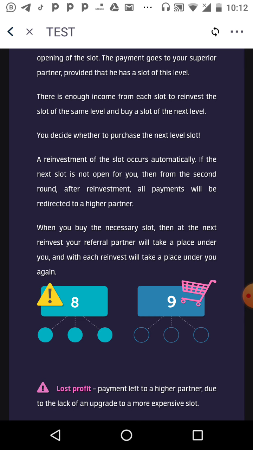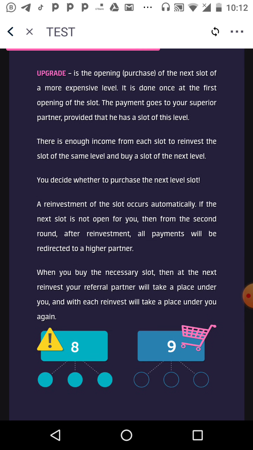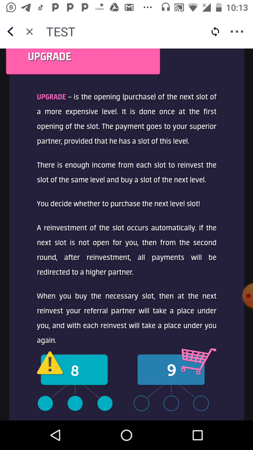Okay, what it's trying to say here is there's enough income from each slot to reinvest the slot of the same level and buy a slot of the next level. So what it's trying to say is that you can make income from the other slots, all the smaller slots. And what do you do with them?